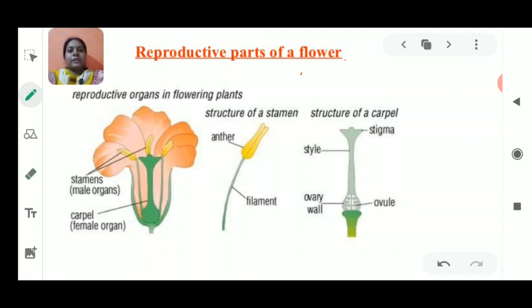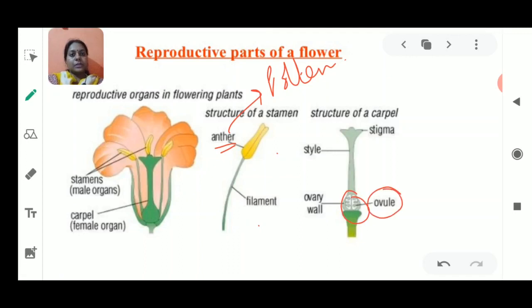If we think about these two parts, the anther and the filament, this anther is full of pollen grains. And this ovary consists of small structures which are going to form the seed, or help in the sexual mode of reproduction, because they are going to give rise to a new plant.